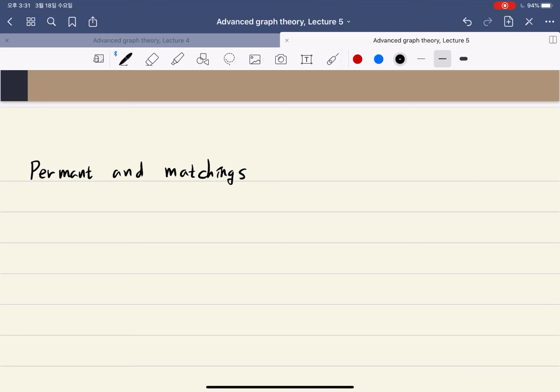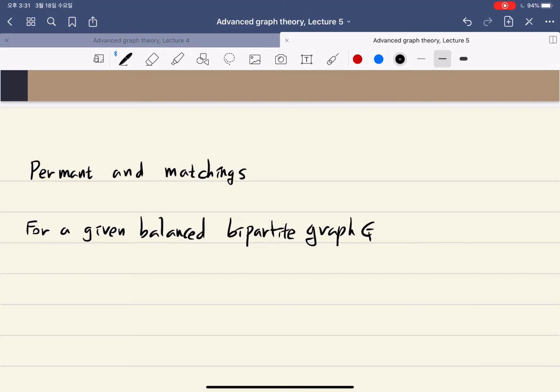So let's start with some simple situation of a balanced bipartite graph. We are considering a balanced graph because if a bipartite graph is not balanced, we anyway don't have any perfect matchings.